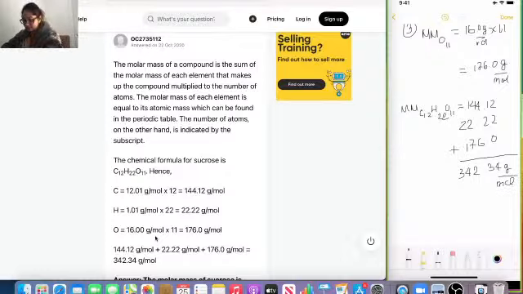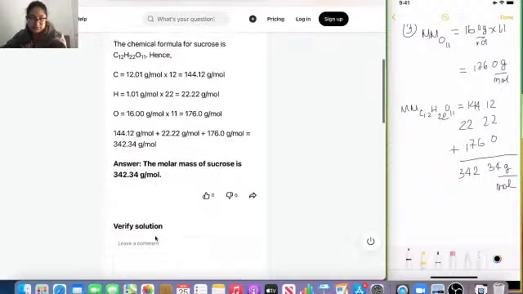Okay, so this is the molar mass of sucrose, and this is right.